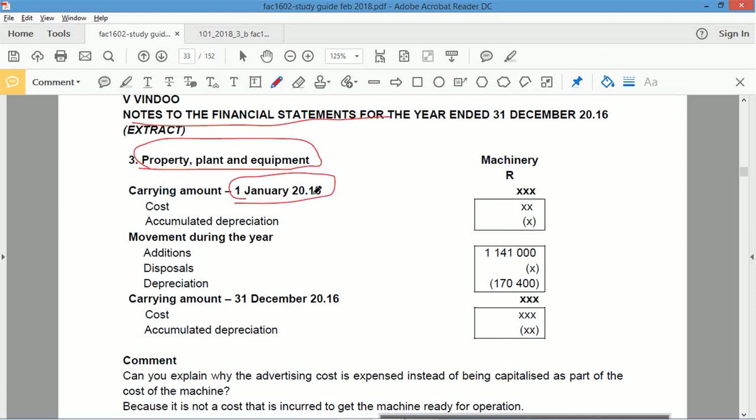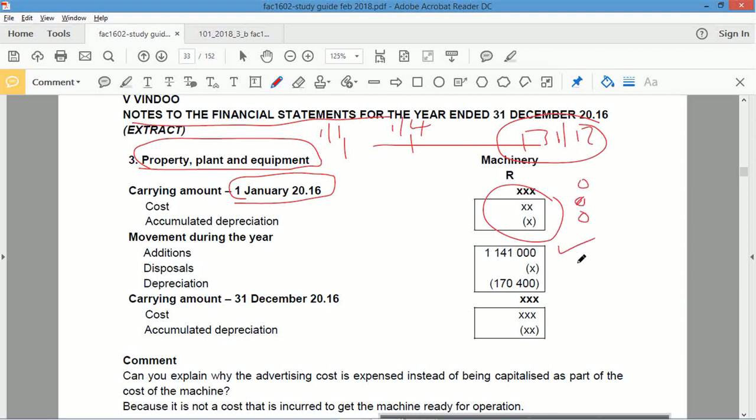Because you didn't have anything. Remember, this was 1st of April and we were at 31st of December, so each financial year is 12 months long. So zeros there. They shouldn't have put X's here, they should have put 0, 0, and 0. Then you've got the additions, which is what you bought, disposals, nothing, so that's 0. Depreciation is what you sold, and then this they should have put in.